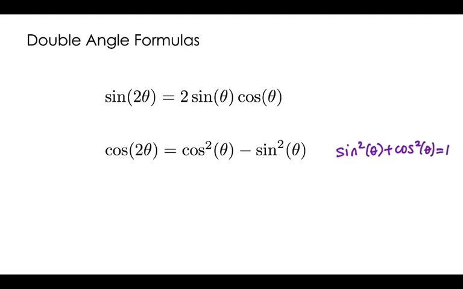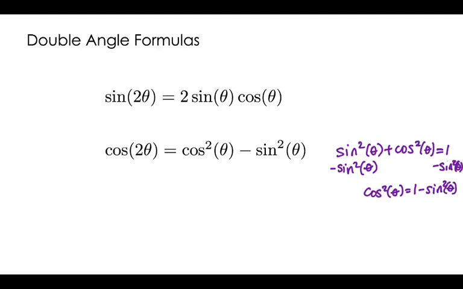If I rearrange that identity a little bit, solving it for cosine squared by subtracting sine squared theta from both sides, then I get cosine squared theta equals 1 minus sine squared theta.